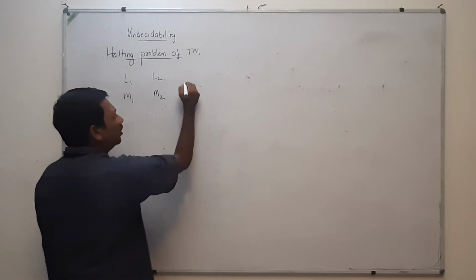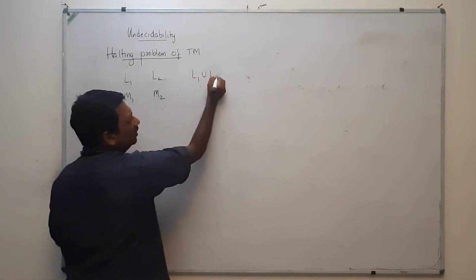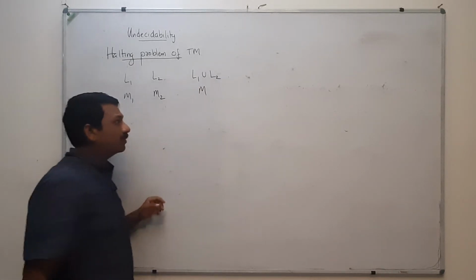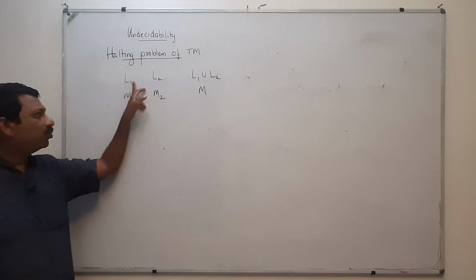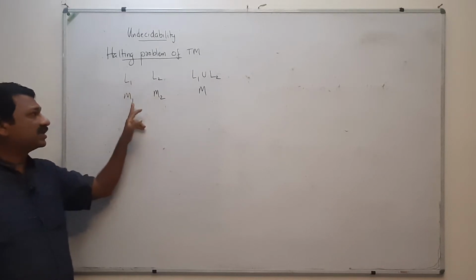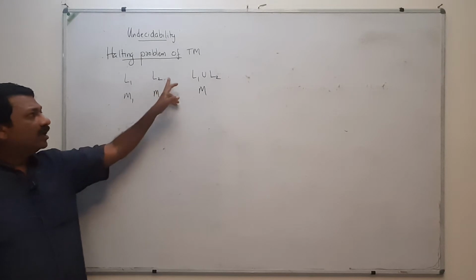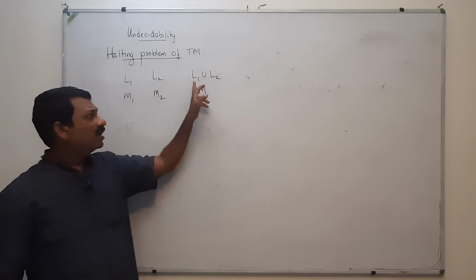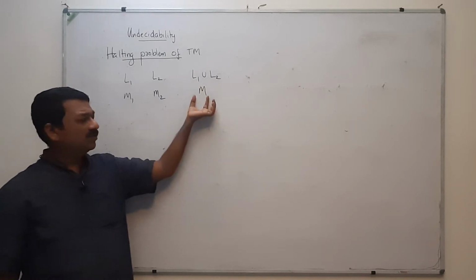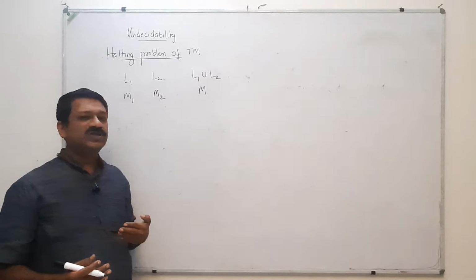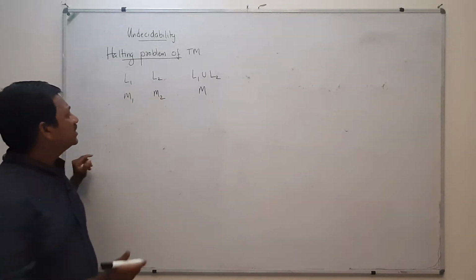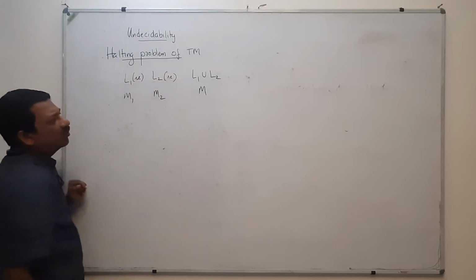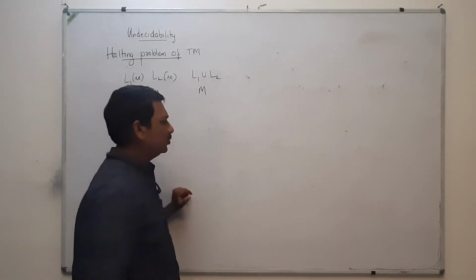Suppose that we are going to check whether L1 union L2 is accepted by a Turing machine M. L1 is a language which is accepted by M1, L2 is the language which is accepted by M2, and we are going to have a Turing machine for that. Our definition is L1 is recursively enumerable, L2 is recursively enumerable, and what about L1 union L2?